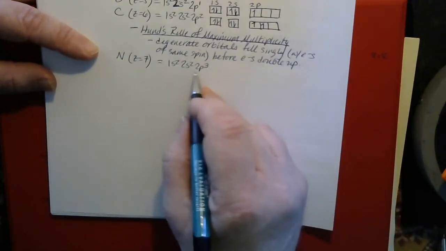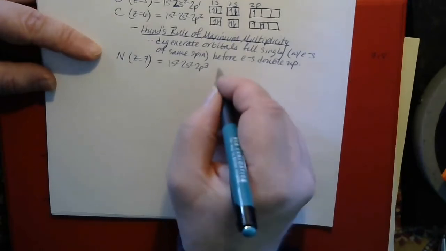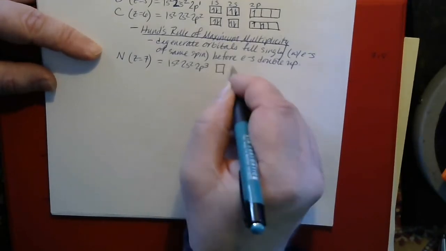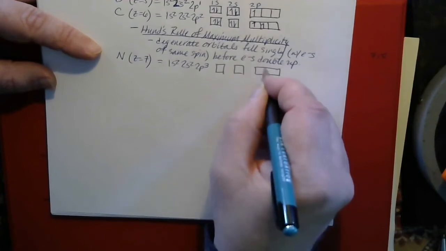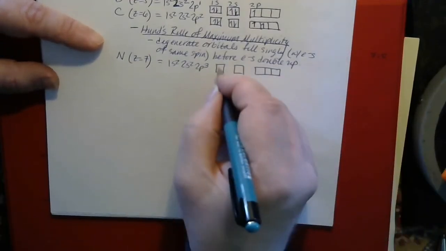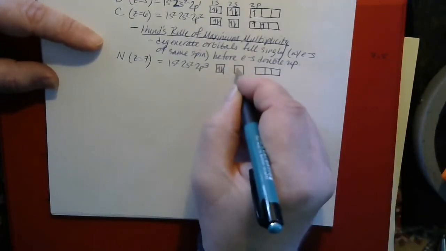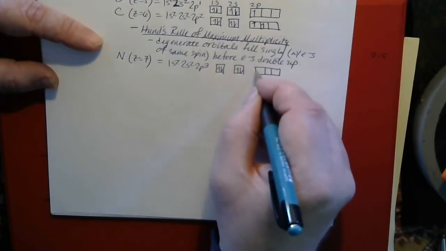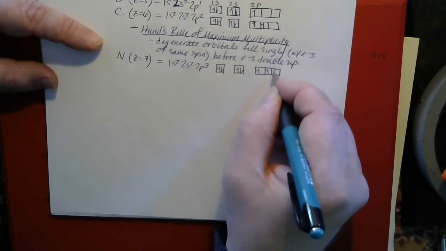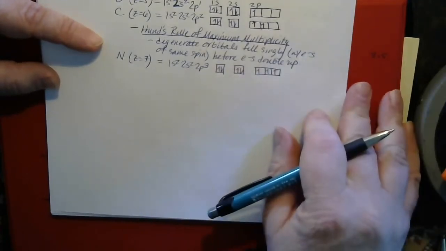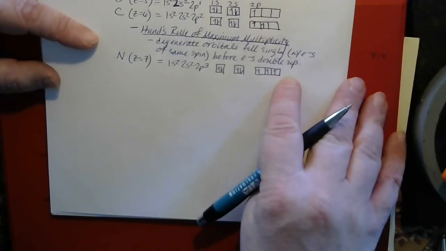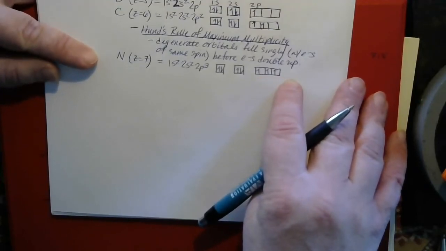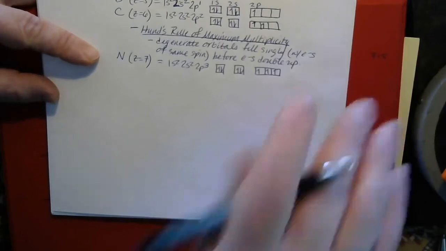Okay, so 1s2, 2s2, 2p3. That means that each of those 3 electrons gets its own orbital among the 2p orbitals. And the next one is where it gets interesting.